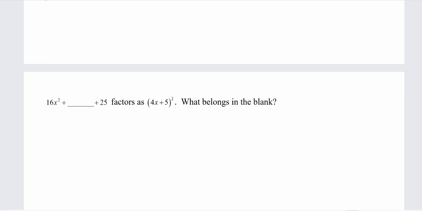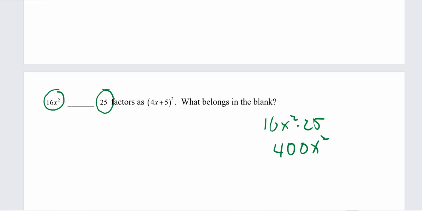Because remember, the middle part, if you divide it by 2 and then square it, would have to give you the same answer as 16x squared times 25. If we multiply 16 times 25, that's going to give us 400, so that's going to give us 400x squared.